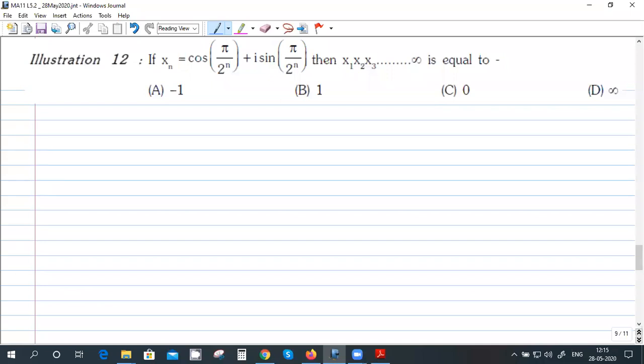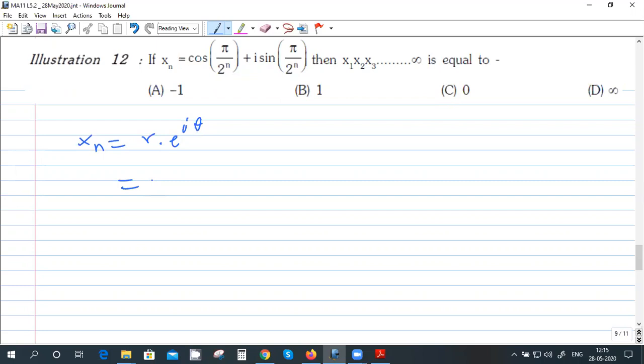Write the general xn in the exponential form. After that, you know what x1, x2, x3 are. So what is xn? It is r into e raised to the power i theta. Here xn is cos pi by 2^n plus i sin pi by 2^n.